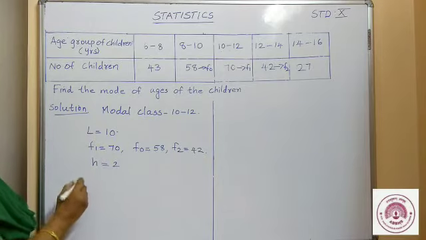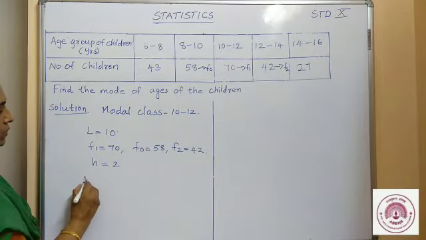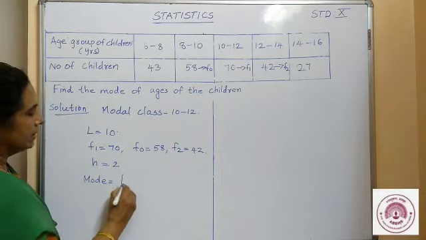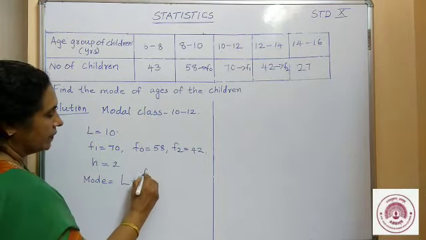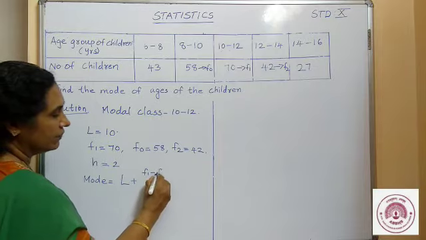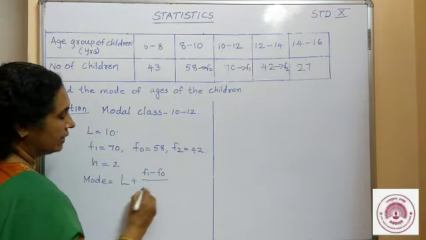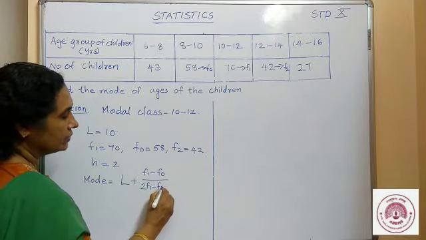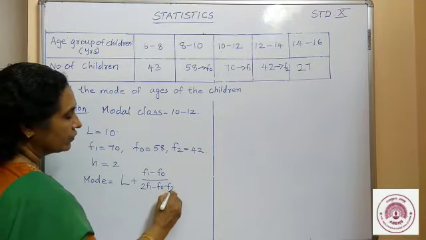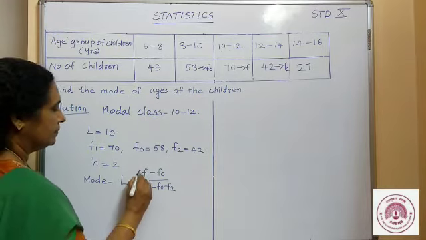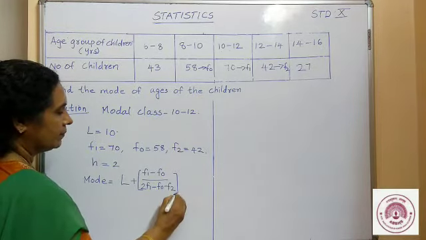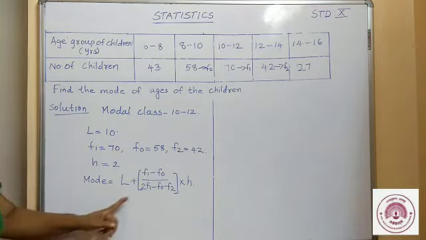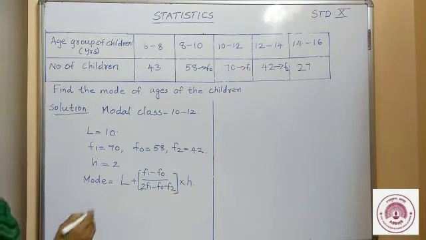Now write the formula for mode. Mode is equal to L plus (F1 minus F0) divided by (2F1 minus F0 minus F2), into H. Now substituting these values in the formula.